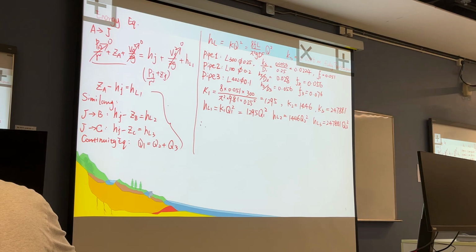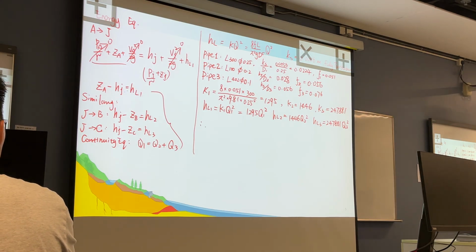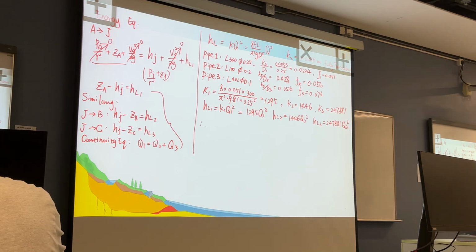So for this full equation, we input that the equation ZA, which is 100 meter, subtract HJ is equal to 1295 Q1 squared, right?